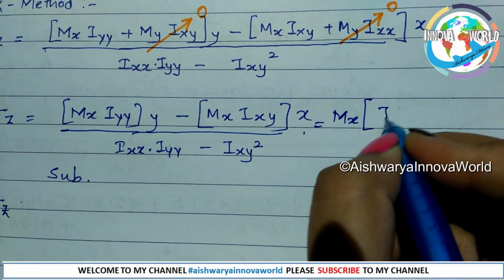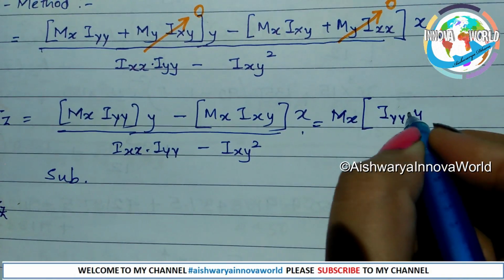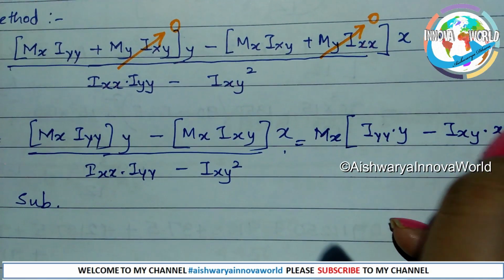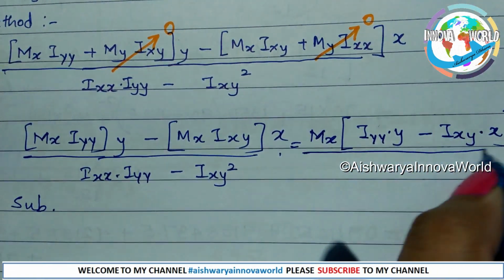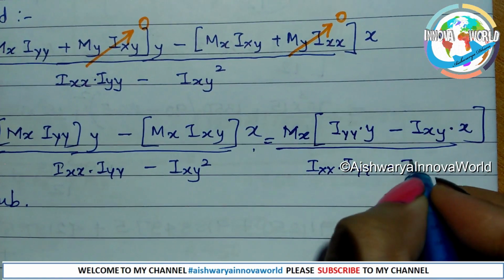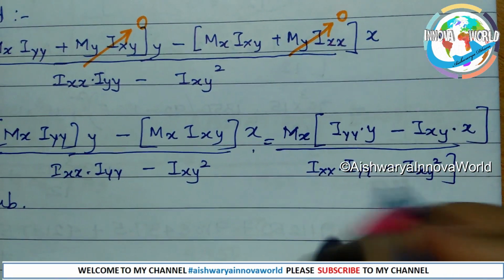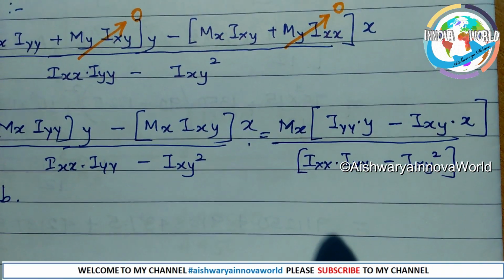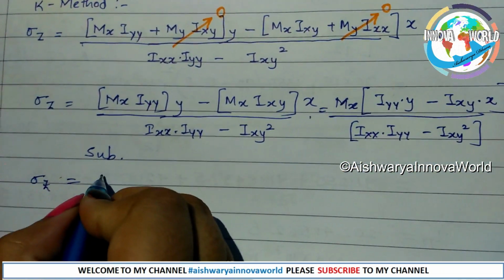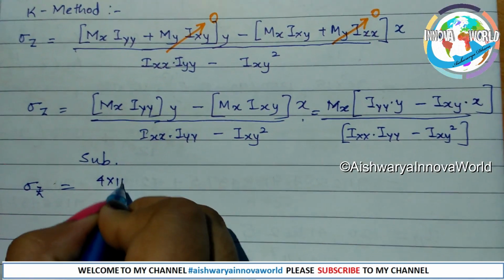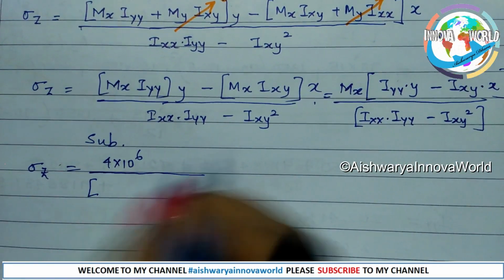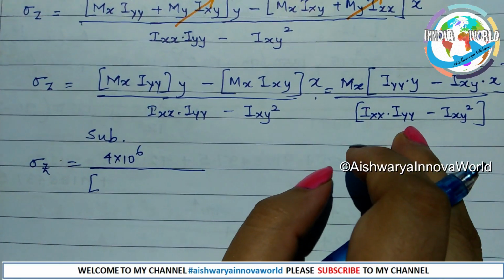Taking Mx common, you get Iyy into y minus Ixy into x, divided by Ixx into Iyy minus Ixy whole square. Now substitute these values. What is Mx? Mx is 4 into 10 power 6. Now what is Ixx and Iyy?